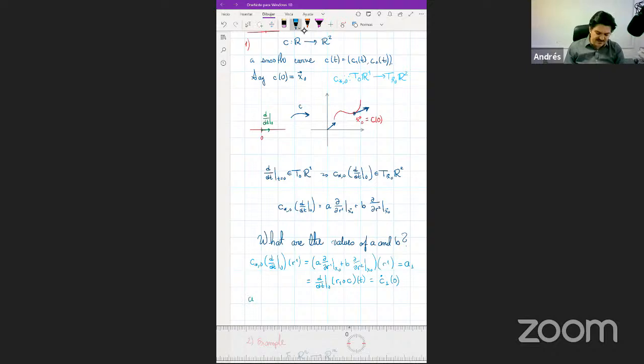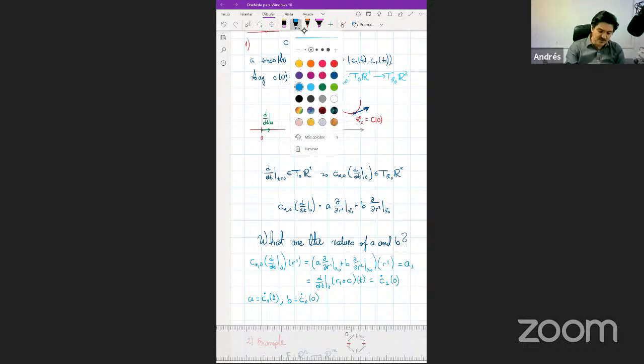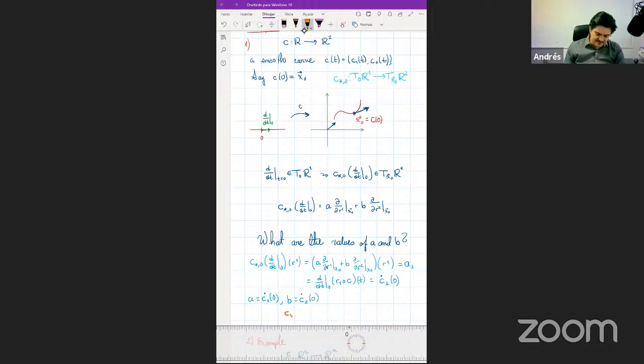So you have A is equal... similarly, you will get B is equal to this. And so you have just computed the differential at 0.